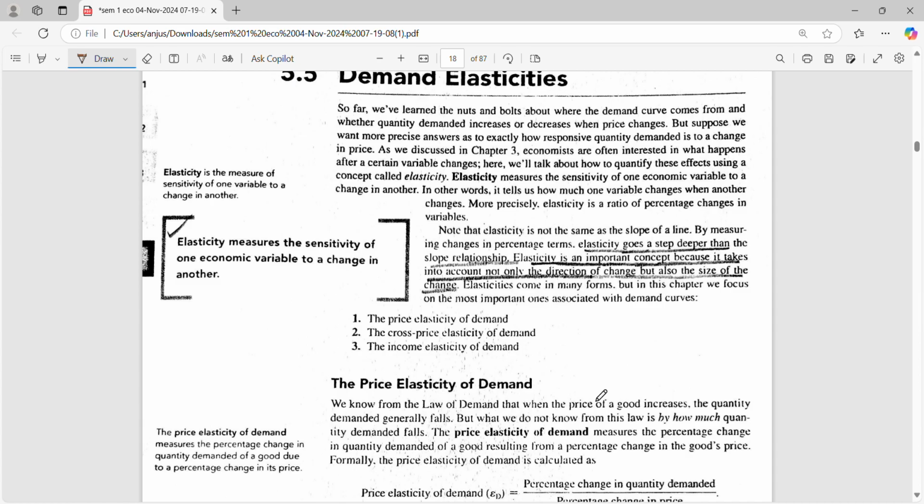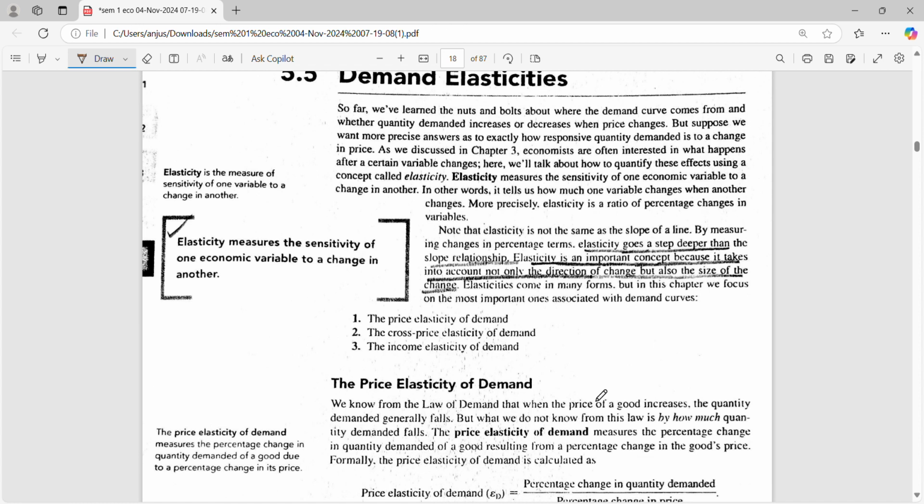Associated with demand curves, there are three types of elasticities: price elasticity of demand, cross price elasticity of demand, and income elasticity of demand.